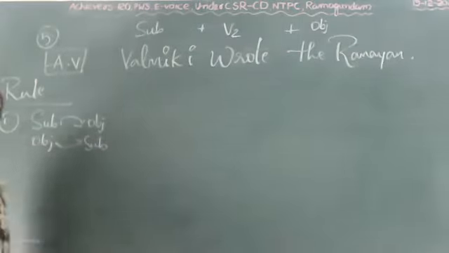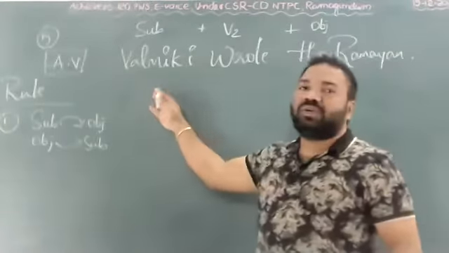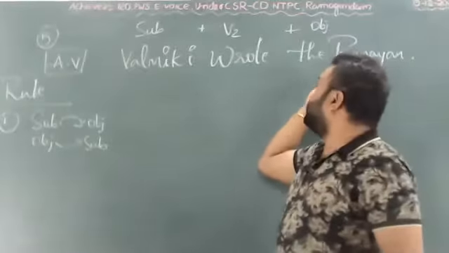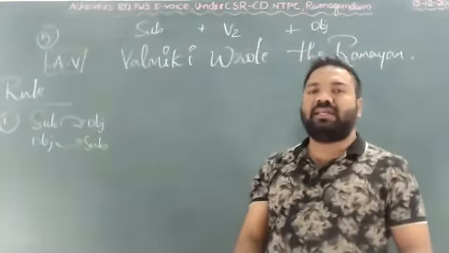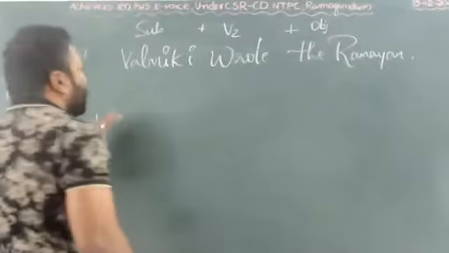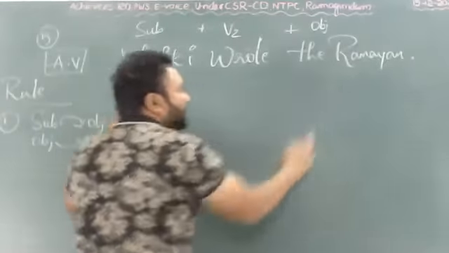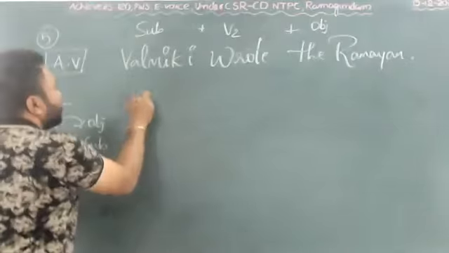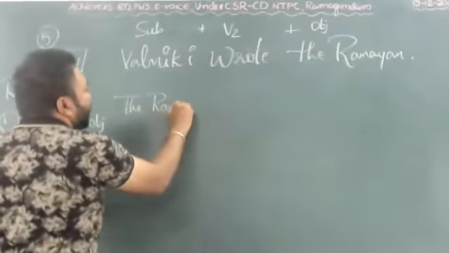So what is the first rule? We have to replace the subject to the object place and the object to the subject place. All right. So let me shift this. The Ramayana, which is in object place, takes the place of the subject. The Ramayana.